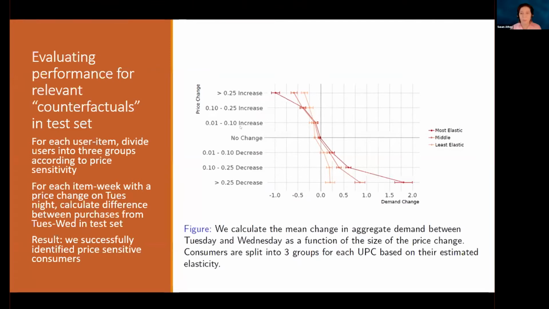The price is the thing that changed in the data, and then we're estimating the demand changes, but I've plotted them the way that economists plot them. The confidence intervals are these bars. And so what we see is that we've successfully distinguished the people who are very price sensitive, so that when the price changed in the test set, those groups did respond to price changes versus the ones who didn't.